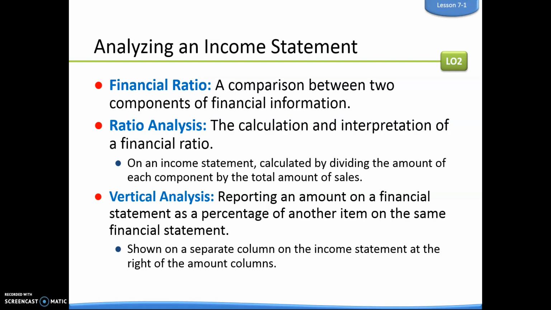So our ratio analysis is where the calculation and interpretation of a financial ratio. And when we're looking at our income statement, essentially what we do is we compare everything to our total amount of sales, okay? And so sales is always going to be at 100%. We call this a vertical analysis because we're comparing things vertically. And you'll see this as we look on the income statement here, why we call it vertical.